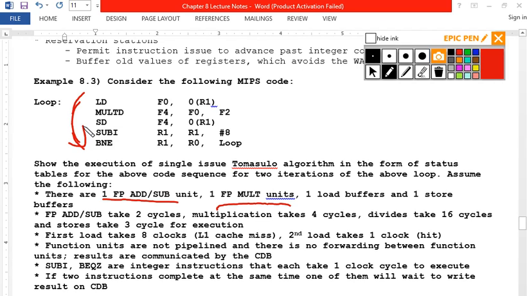So floating point add and subtraction takes 2 cycles, multiplication takes 4 cycles, divides take 16 cycles, and stores take 3 cycles for execution. Additionally, the first load takes 8 clocks because we have an L1 cache miss. The second load takes 1 clock because it's a hit. So here we have described a situation in which we have requested a load word value that we need.